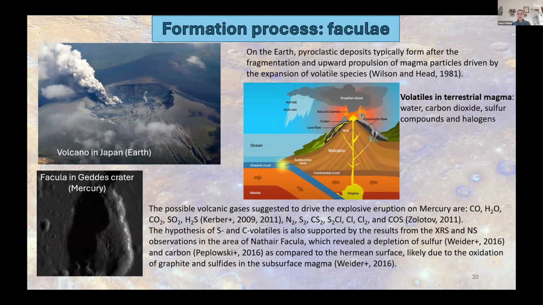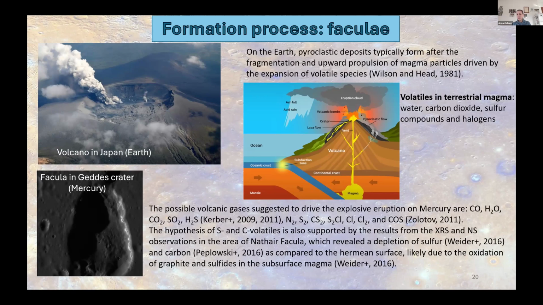So we have a magma rich in volatiles, which produces a pressure on the upper layer of the surface, and produces an explosion of the surface. So we have the vent. As a result, we have the vent of the explosion from where the magma erupted. And around the vent, we have the pyroclastic deposits.